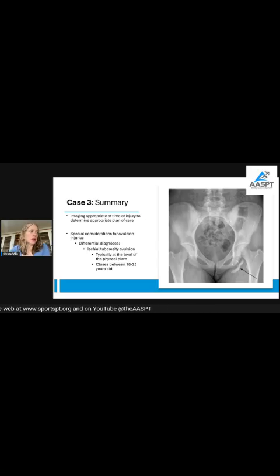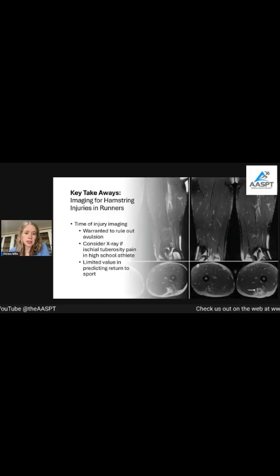Next slide, just the last final takeaways here and a Q&A from the audience as well. Just to wrap up, at the time of injury, certainly an MRI or radiograph could be warranted to rule out a complete avulsion. Whether it warrants surgical care or not, it's important to have the appropriate diagnosis at that point.